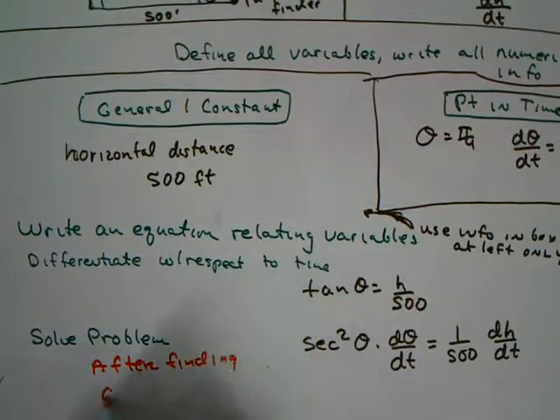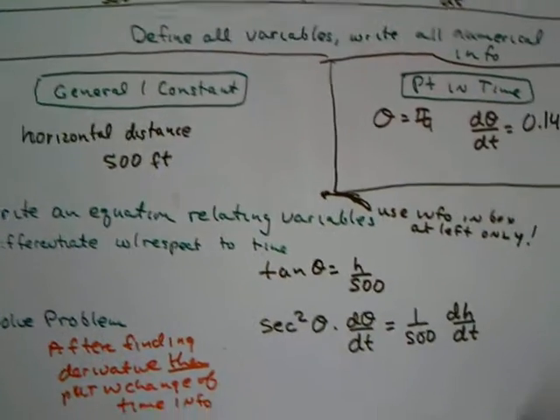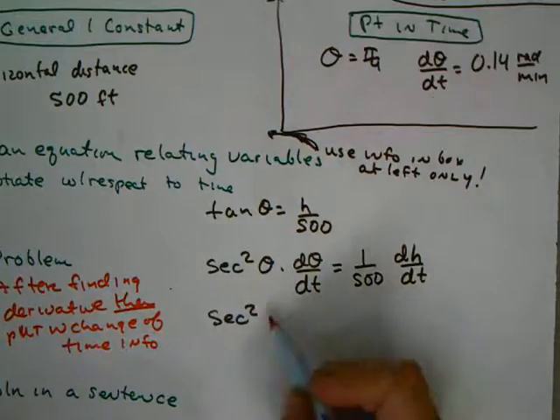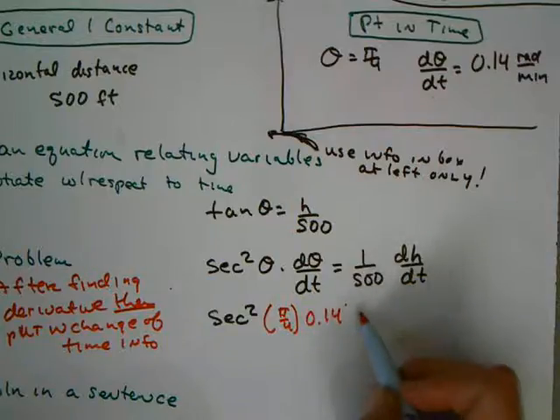So now I can go back to this point in time box I've got, and I can say, okay, I've got my secant squared, and instead of theta, I'm going to put in pi over 4 times the change in theta, which was 0.14, and that equals 1 over 500 times the change in height over the change in time.